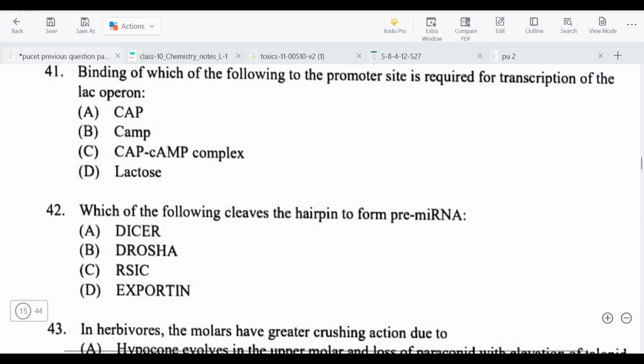The answer is the CAP and cAMP complex. When it binds to the promoter region, it enhances the transcription of the lac operon at low glucose level, right?